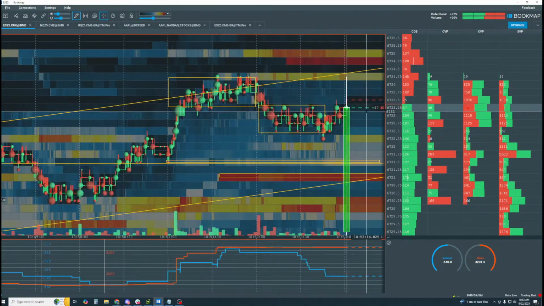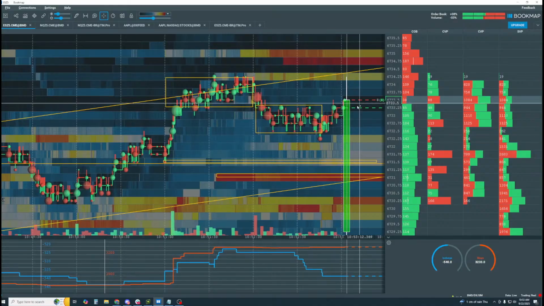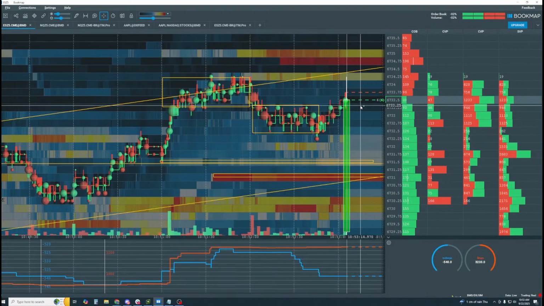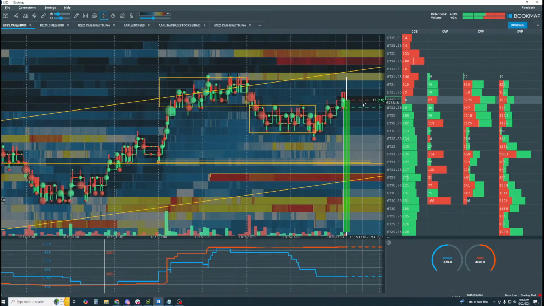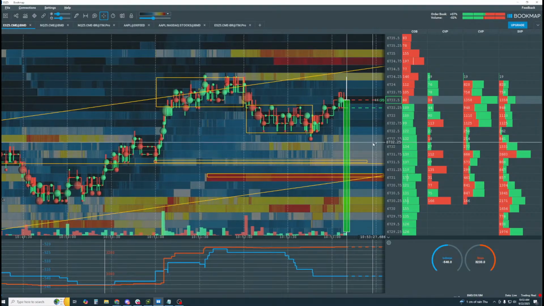Now let's see, top of this little range in here. Getting buyers? Yeah, we are. We still have a bid too.